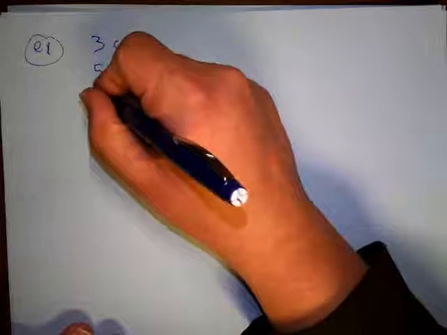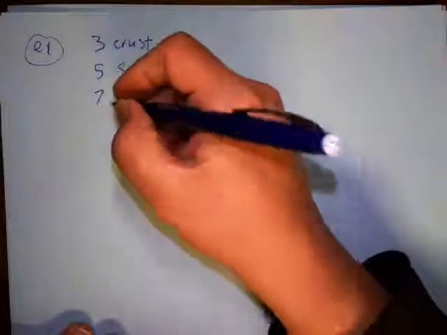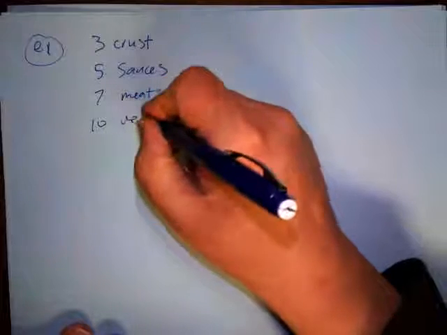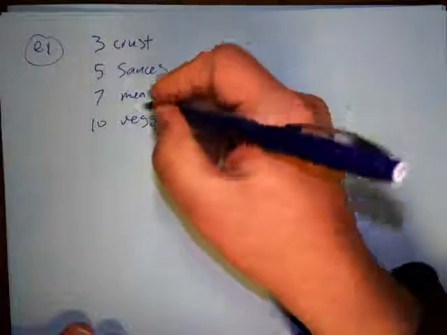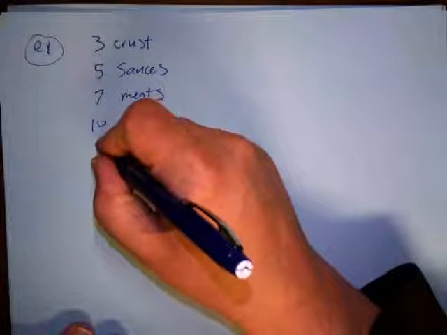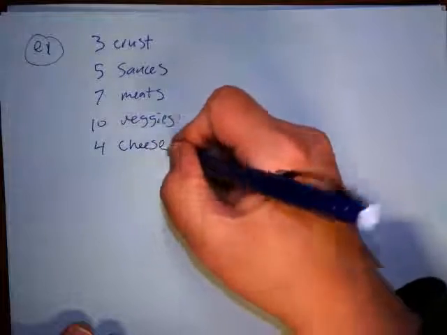They got a choice of 7 different meats. And let's say they got a choice of 10 different veggies. And let's say they have 4 different types of cheese that you could have on your pizza.